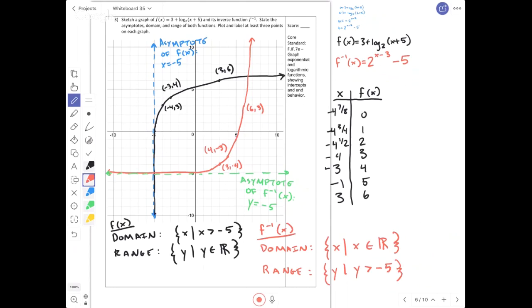Cool. That was all of the core standards from Unit 5 on functions and Unit 6 on exponential and logarithmic functions.